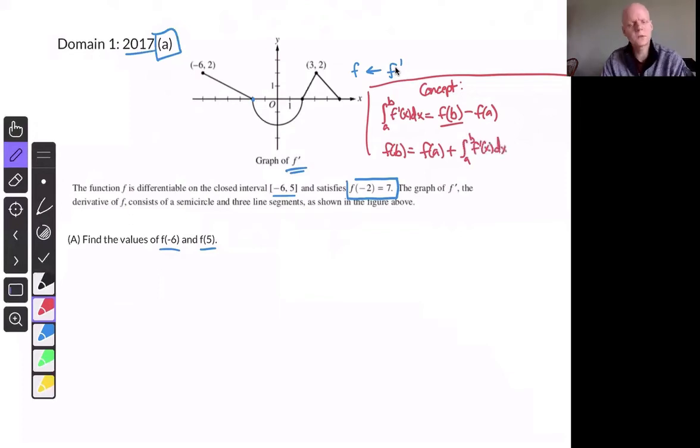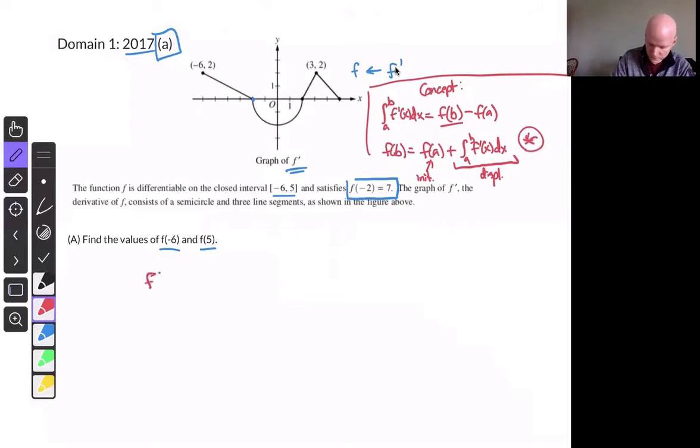This is like that thing we explored back in January where we talked about how you can find the ending position of a particle by taking the initial or the starting position plus the displacement. That's what this is. F of a is like the initial position, and the integral of f prime is like the displacement of the particle, if you prefer to think of it that way. This is the thing that we will be using to calculate f of -6 and f of 5.